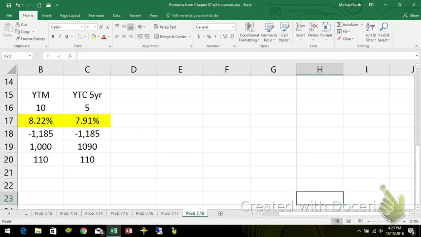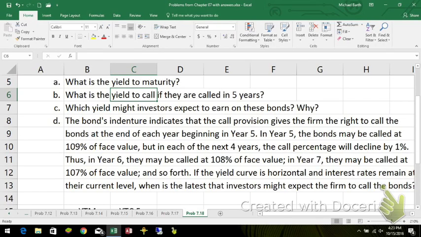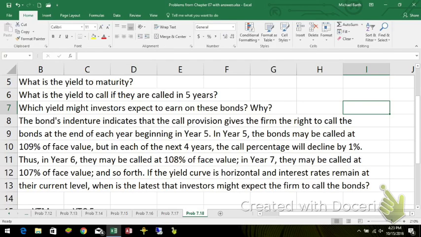Alright, so what we see here is that 5 years from now the bonds could be called, and the yield to call is lower than the yield to maturity, so the assumption is that they would actually call the bond. Well, the author's part D starts getting convoluted, but they want you to calculate what the yield to call would be for each of the years.